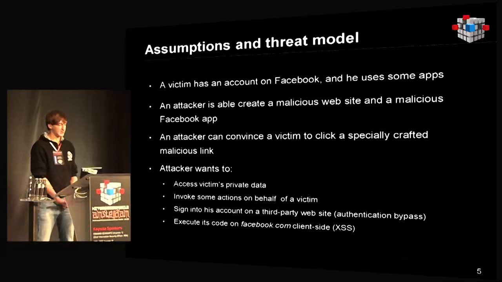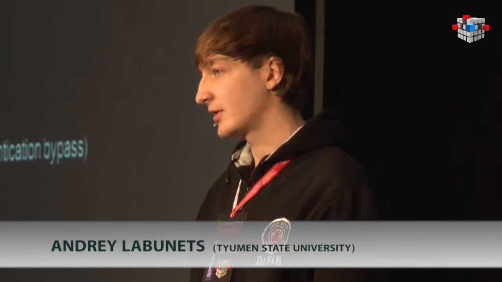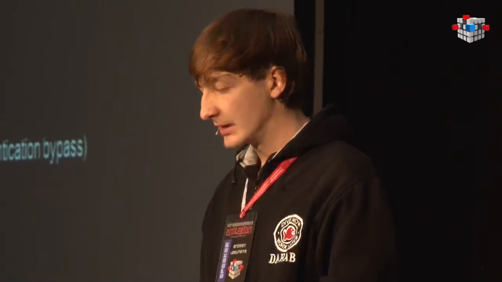So leaking access tokens would be interesting to me. Also, signing into a third-party account with the Facebook authentication would be interesting for me. It's authentication bypass. And executing code, I mean cross-site scripting, would be the perfect goal of breaking this protocol because it would allow everything.